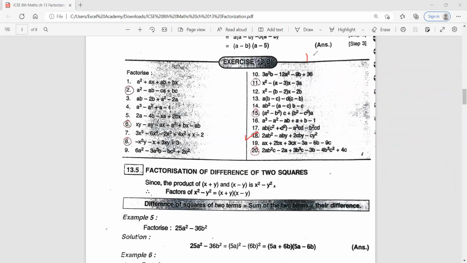18. 2AB square minus ABY plus 2CBY minus CY square. Okay, what needs to be done?